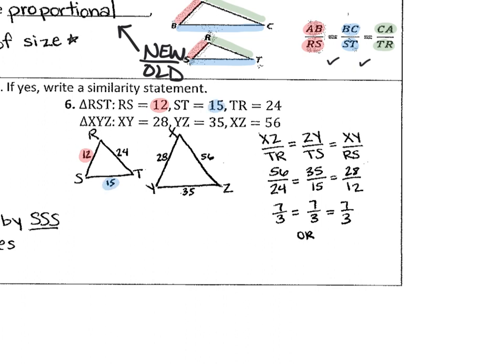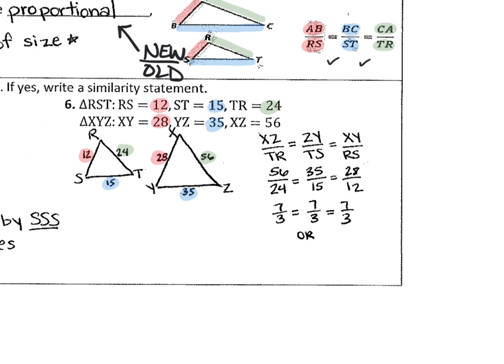ST is 15, TR is 24, 28, 35, 56. She set up the red fraction, the blue fraction, the green fraction, and then divided all of these numbers over and over again until we saw that these are the exact same fraction.